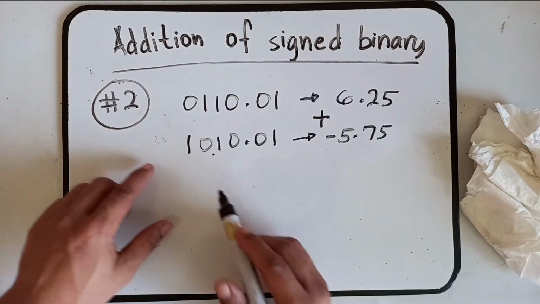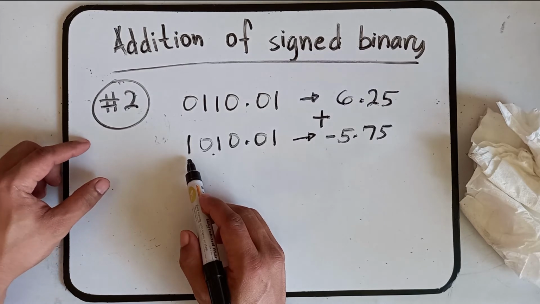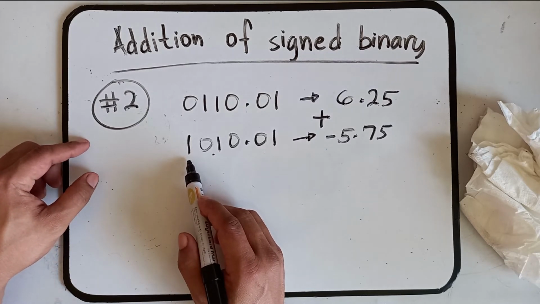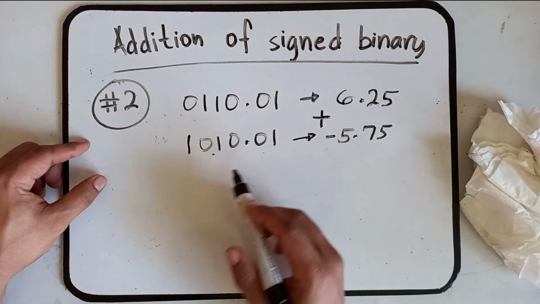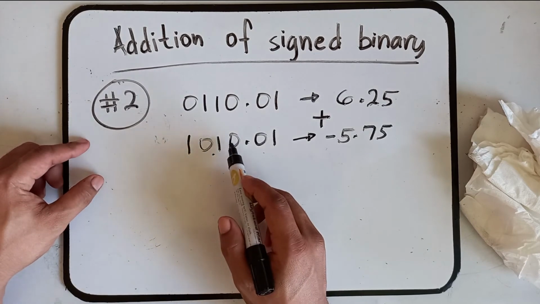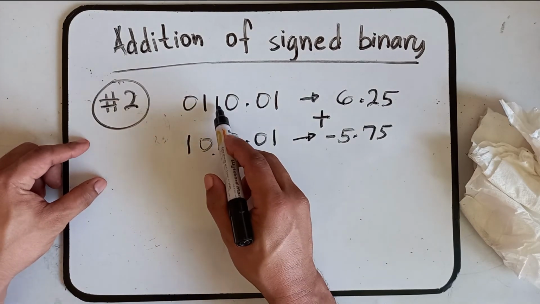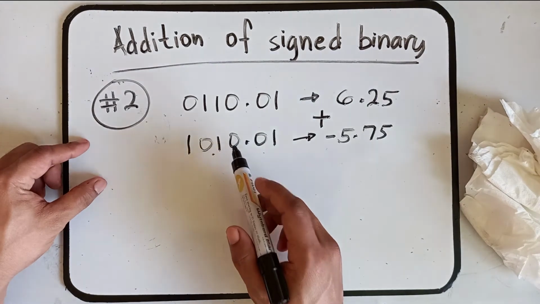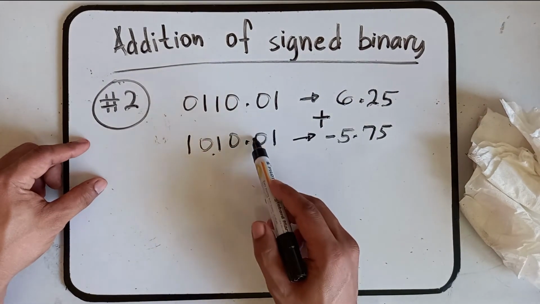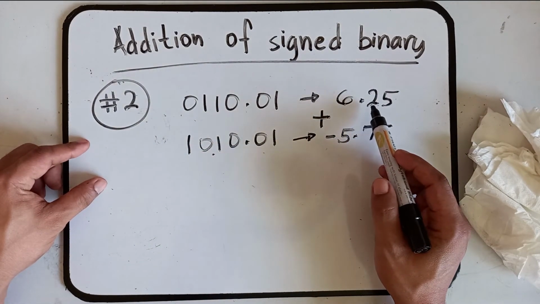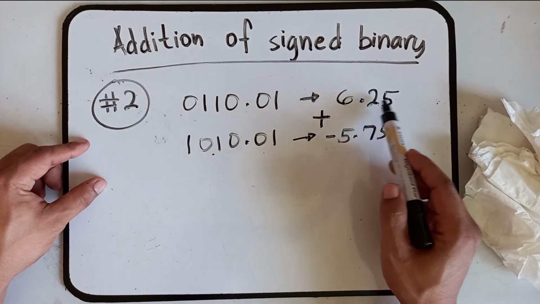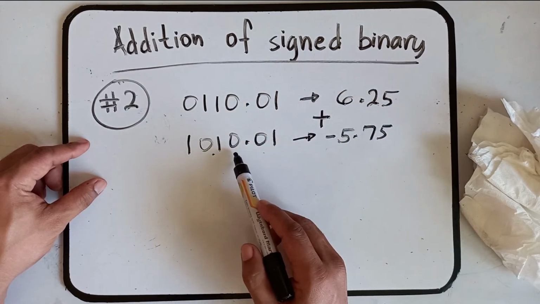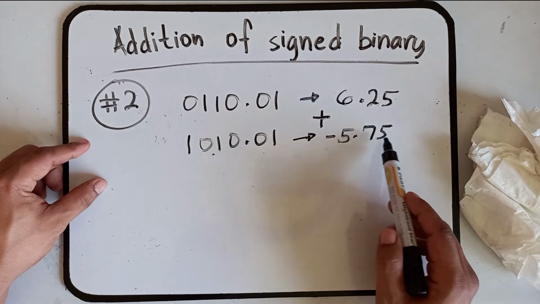Okay, so we know that the sign bit of this second given is 1. So therefore, this is a negative number. And for us to check whether our answer is correct, if we were going to add these two binary numbers, we have to transform each given into its decimal form. So for the first given, that is 6.25 in decimal. For the second given, that is negative 5.75.